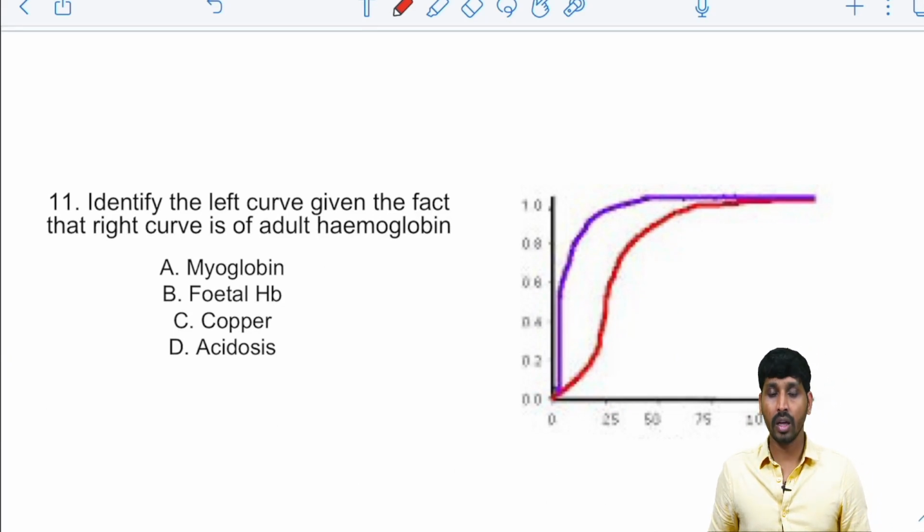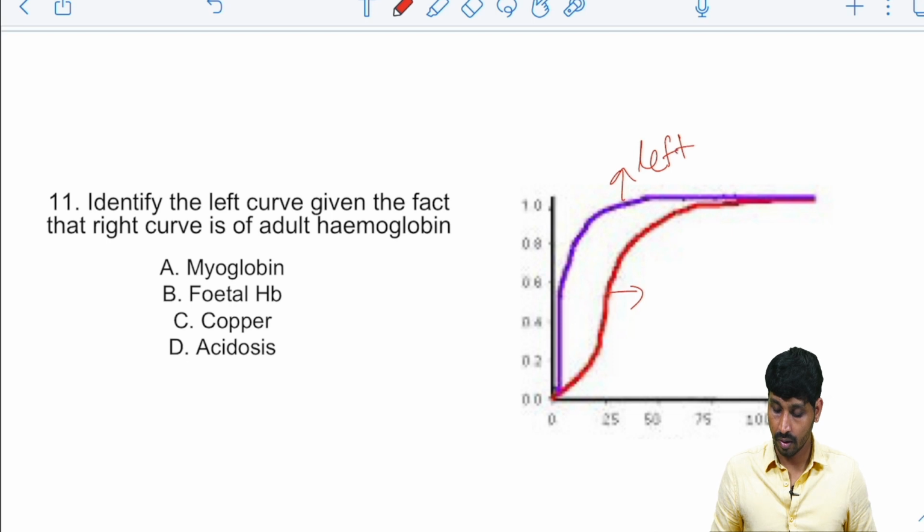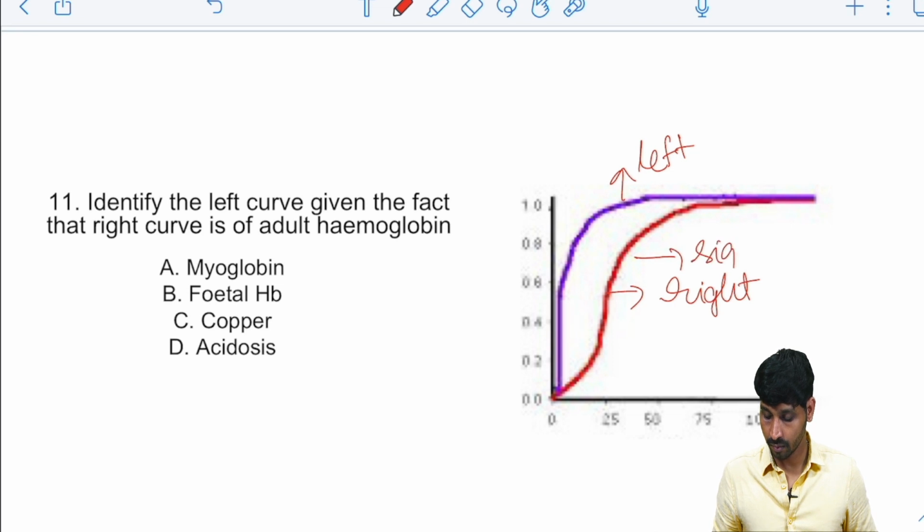The last question of the morning session: identify the left curve, given that the right curve is of adult hemoglobin. This is the right curve, this is the left curve. The oxygen dissociation curve is sigmoidal in shape.